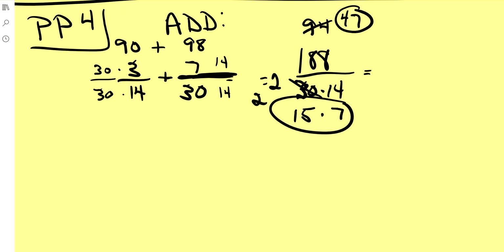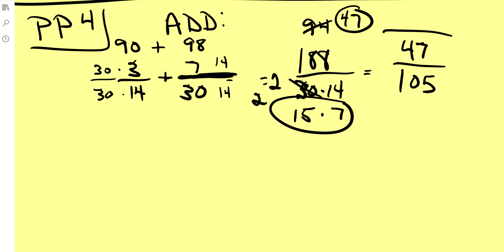All right, so you can see I have 3 over 14 plus 7 over 30. I did the example then, is what we ended up with. And so when I finish this, I've got 47 on the numerator, and 15 times 7 is what? 70 plus 35 is 105.